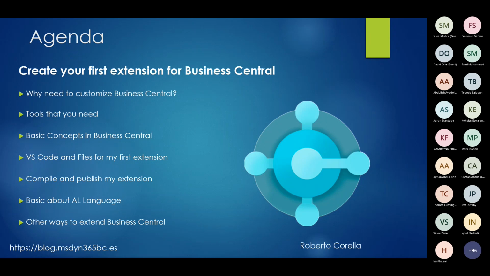Then using VS Code and the files in my first extension, and how to publish my extension in the environment, and a little about the AL language, and how to extend Business Central without AL, like Power Platform or Power Automate, right?